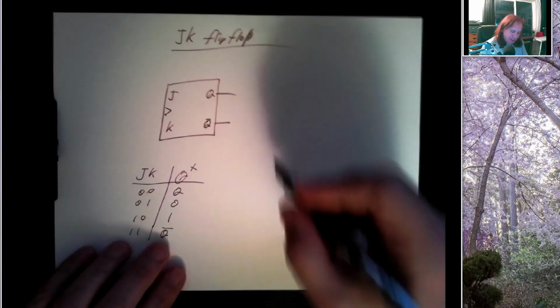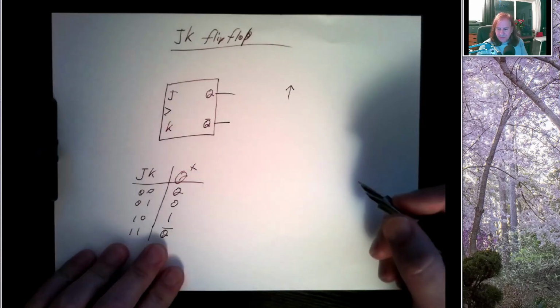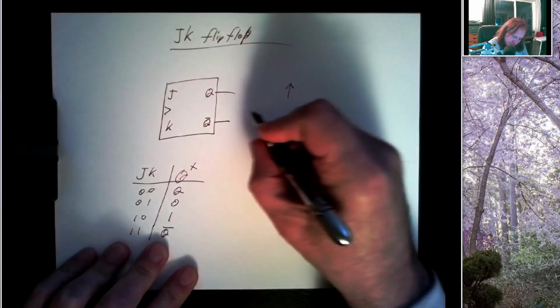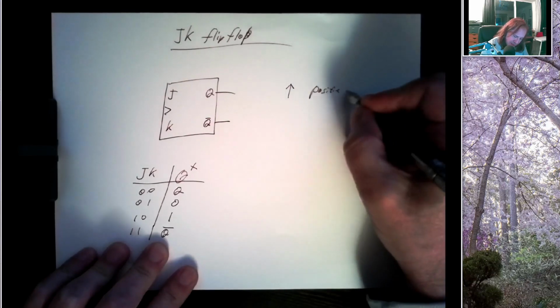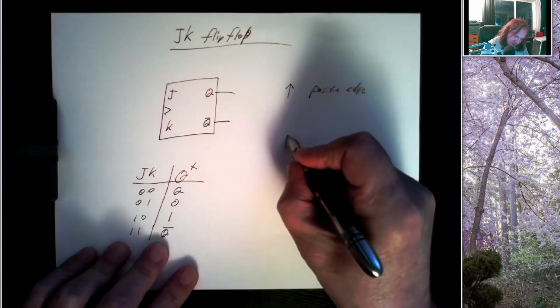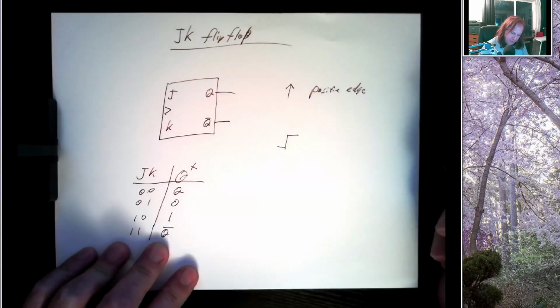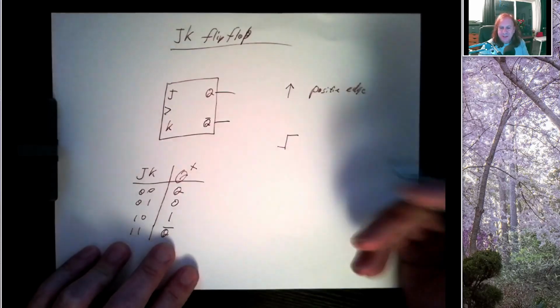So the devices we've been talking about change when the clock moves from 0 to 1. This we consider to be the positive edge of the clock because it's going from, say, 0 volts to 5 volts. And so these are what we call positive edge triggered devices.